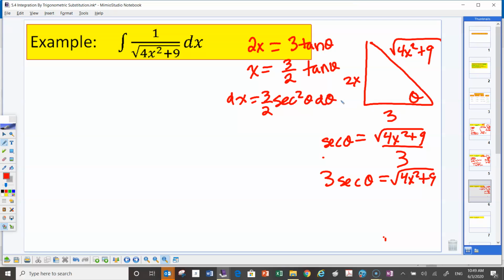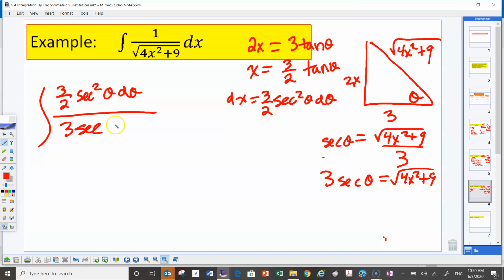So now if I make my substitution, in place of dx, I'm putting in 3 over 2 secant squared theta d theta. And in place of the square root of 4x squared plus 9, I'm putting in 3 secant theta. So this will simplify to be the integral of 1/2 secant theta d theta.